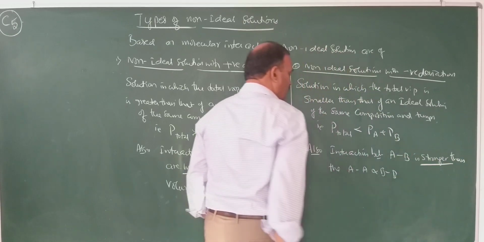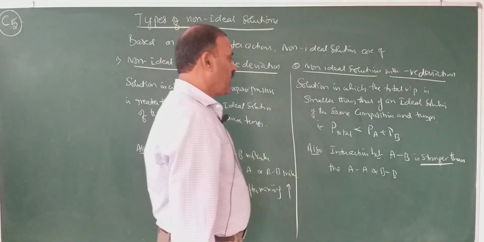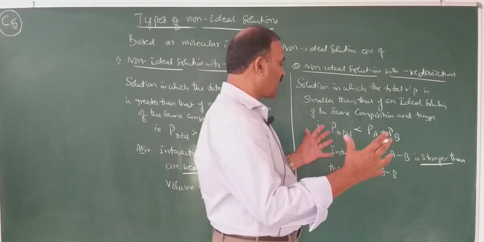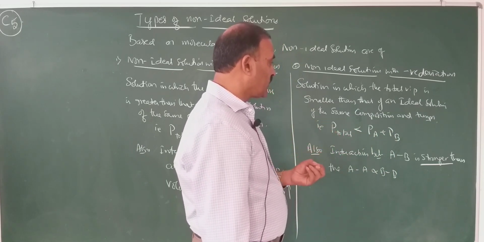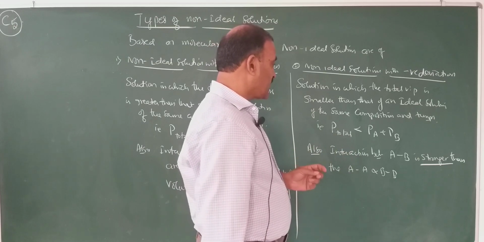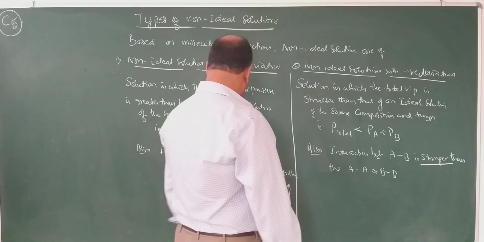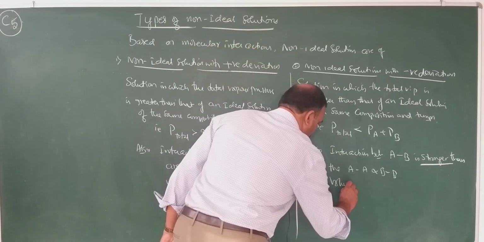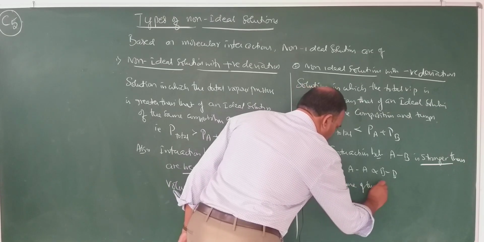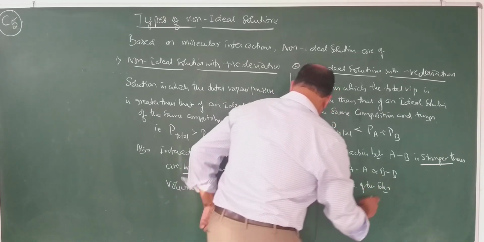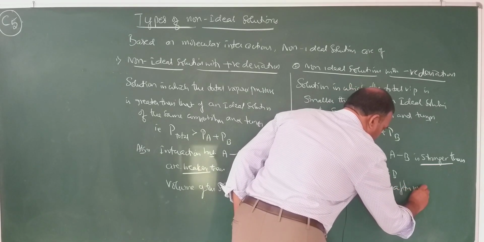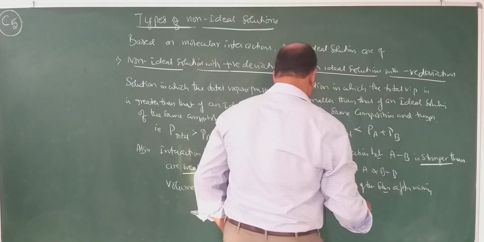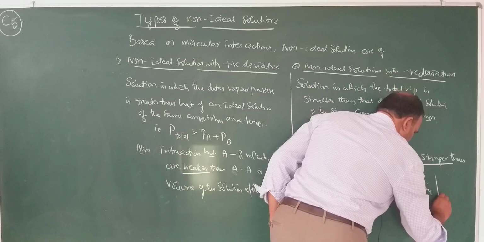So, the molecular interaction between AB is stronger. If the attractive forces become stronger, what happens? The volume of the solution after mixing decreases.